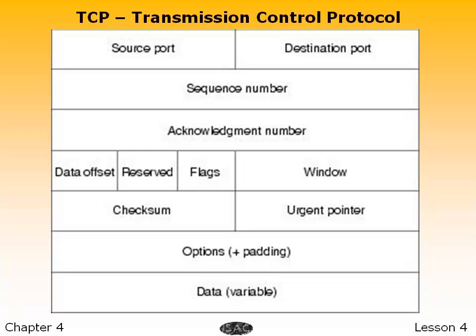Reserved. There are 3 reserved bits, which are reserved for future use and should be set to 0 in normal mode. Flags has 9 bits, also known as control bits.